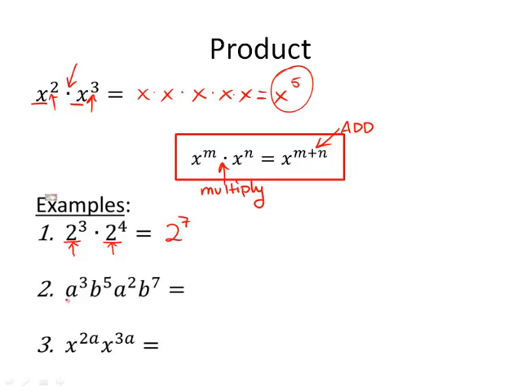Let's take a look at the next example. In the next example, we have different bases. Remember that when you have no symbols in between components, they are multiplied. Multiplication can be written in any order.